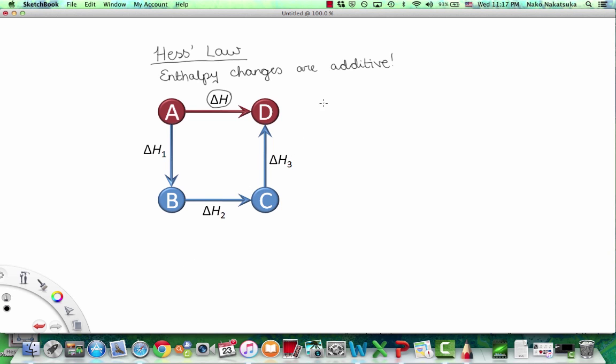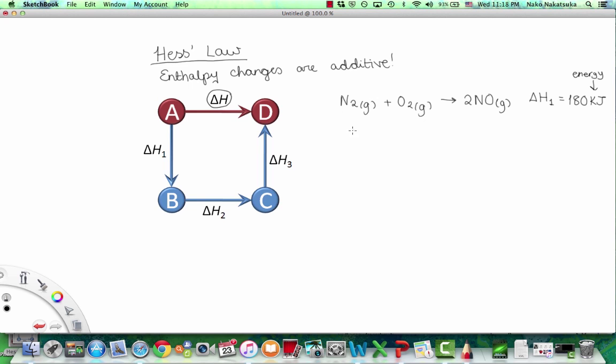So now let me give you an actual number example. If we start out with nitrogen gas and oxygen gas, and we end up with 2 nitric oxide, NO, the delta H of this reaction is given as 180 kilojoules. Remember, these are all in units of kilojoules or joules because it's units of energy.